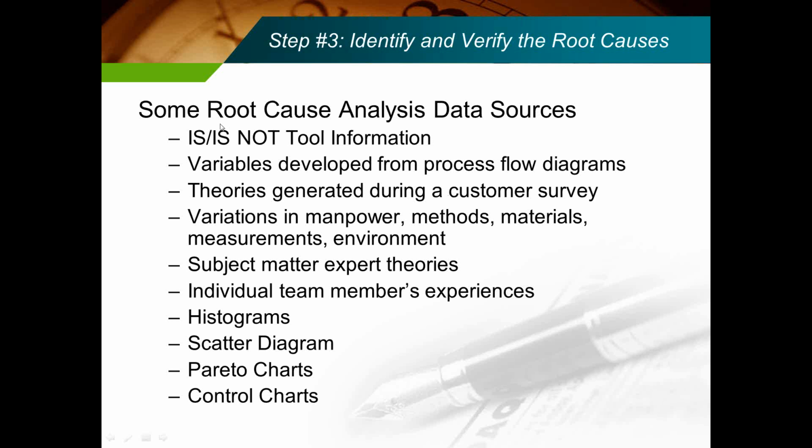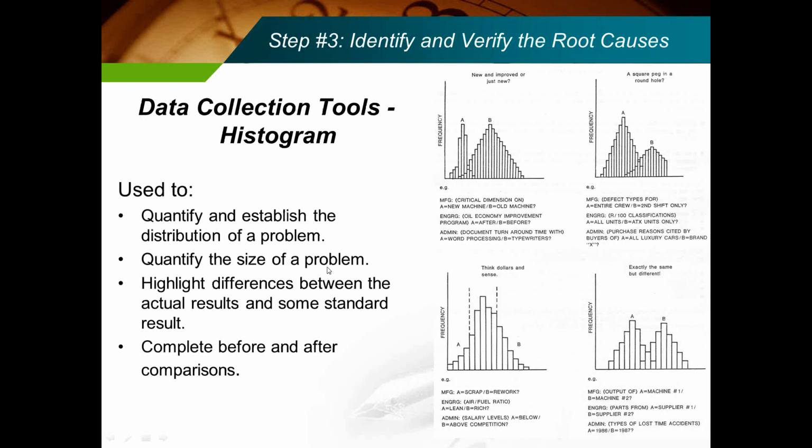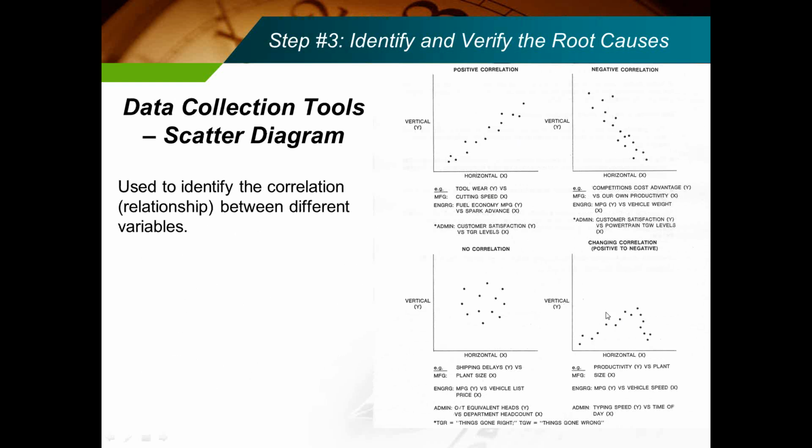So for root cause analysis, you can use customer surveys, you can look at variations, things like manpower, your various methods, maybe you've got different materials. There's lots of different ways to collect data to be used for this root cause analysis. Pareto charts, control charts. Here's an example of a histogram that could be used, and scatter diagrams.